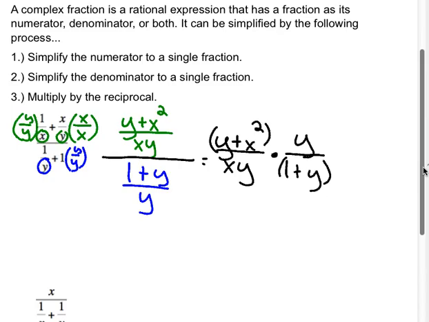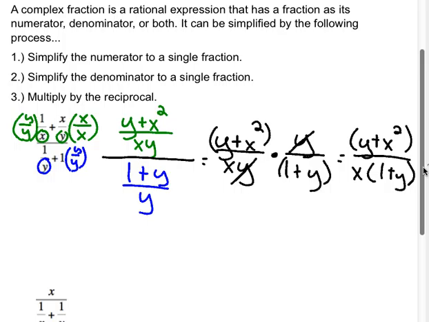The one thing I notice here is this y can cancel with that y. So on top, I'm just going to have y plus x squared. On the bottom, I'm going to have x times 1 plus y. And that's going to be my simplified answer as far as it can go. I'm not going to be able to simplify it any further than that.